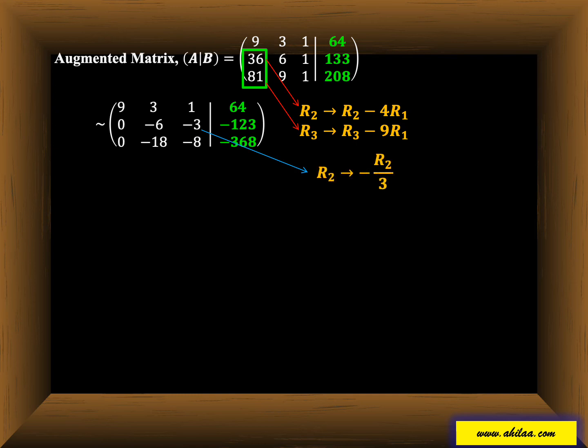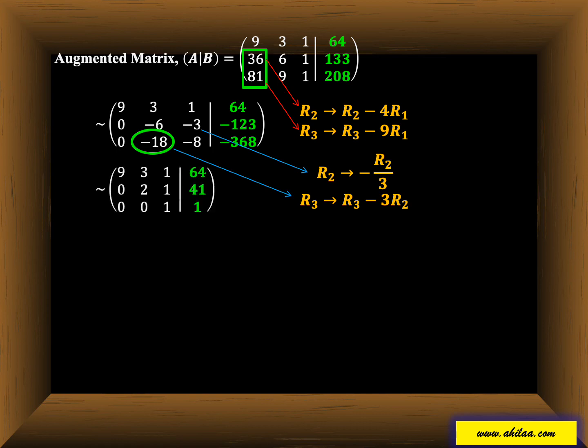So for simplicity, I make this R2 tends to minus R2 by 3. Next, I want to make this minus 18, that is A32 element, to be 0. For that, I use the second row as my pivot row. So the operation is R3 tends to R3 minus 3 R2. Thus I am getting the equivalent matrix like this.